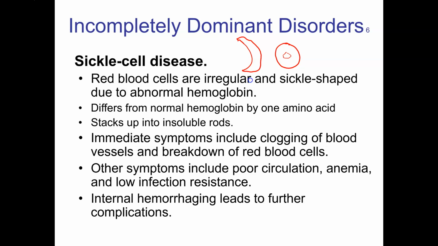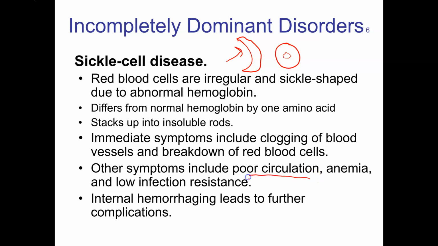And what happens is these blood cells, because of their shape, can clog blood vessels, specifically your really small blood vessels, capillaries, and then they cause an inability to move blood around. They can also cause dangerous bleeding out because they can rip blood vessels open.